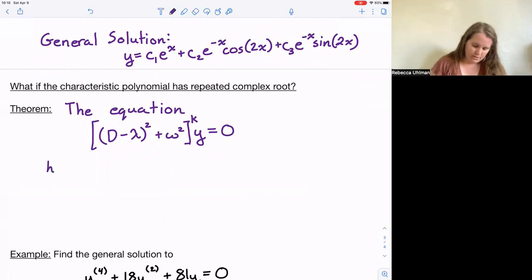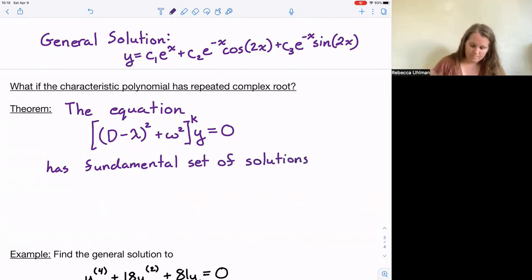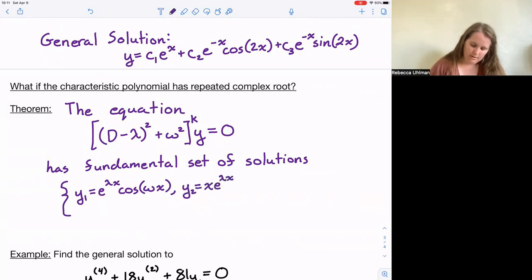This has fundamental set of solutions. y1 is e to the lambda x cosine of omega x. y2 will be x e to the lambda x cosine of omega x.